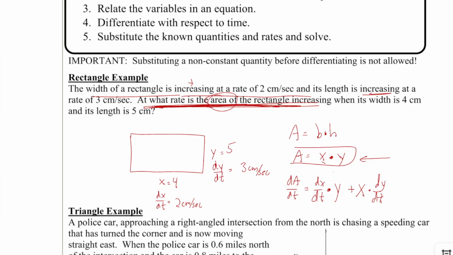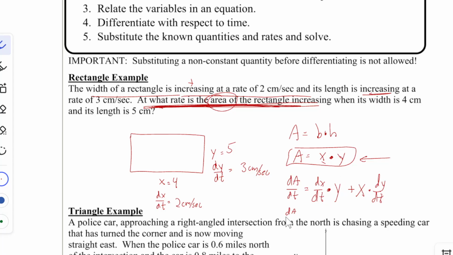So in this equation, I had three variables, but now when I've done this, now I have 1, 2, 3, 4, 5 variables. And it's at this point where I start plugging in numbers: the 5, the 4, the 2, and the 3. Okay.